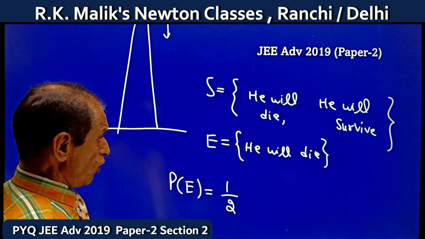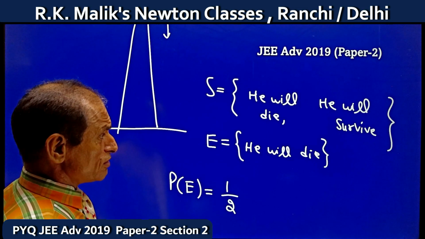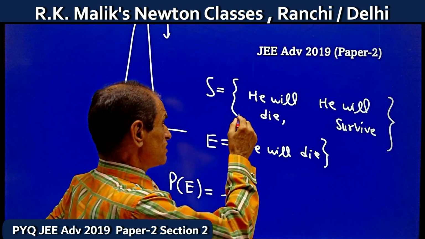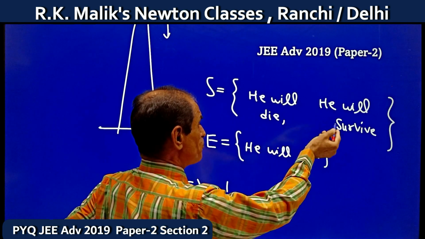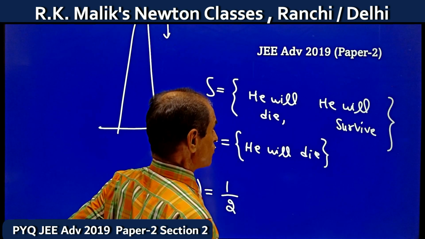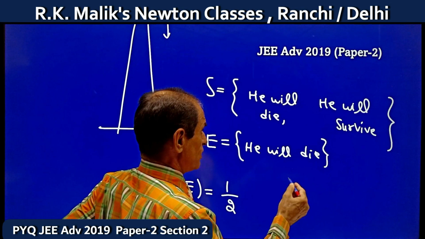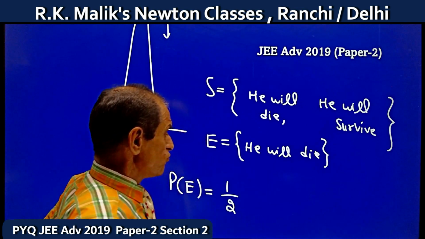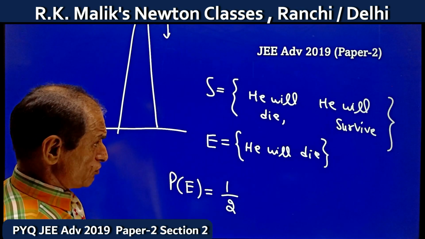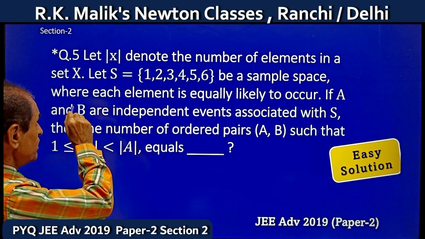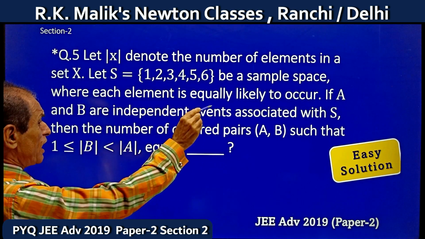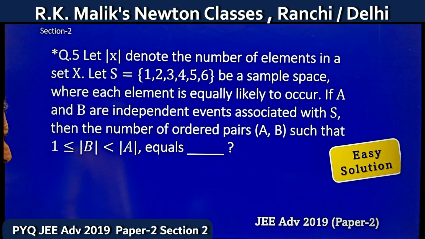Here we are getting a wrong answer because in this case the sample space has two elements and both are not equally probable. Therefore, we are getting a wrong answer. That is why in this question also the statement where each element is equally likely to occur is written.